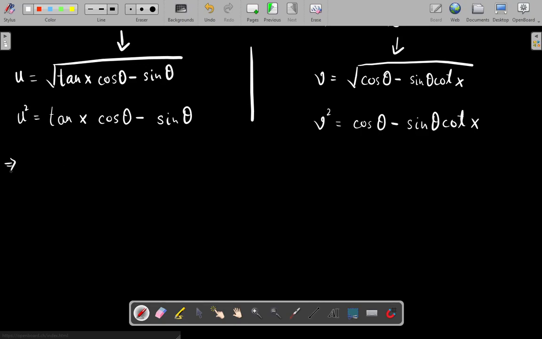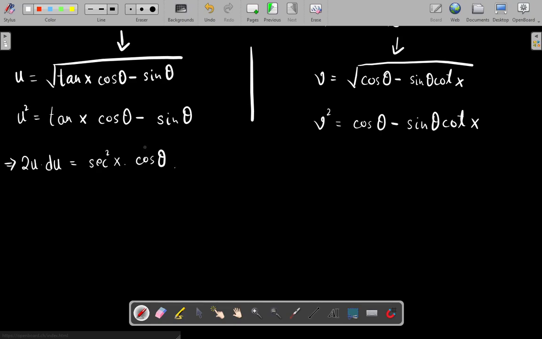So now on differentiating both sides with respect to x, okay, so theta is constant here, 2u du will be equal to sec square x times cos theta, and this minus sin theta is a constant, so this will become 0, right?